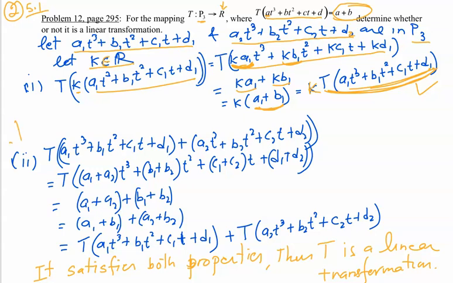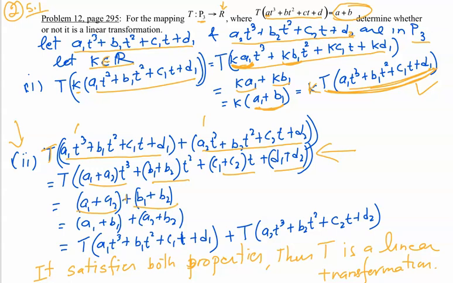All right, the second condition is I have two polynomials. I'm going to add these two polynomials and take the transformation. So I combine the cubic terms, the square terms, the t terms, and then the constant. But the output of this whole thing is, again, the coefficient of the cube term plus the coefficient of the square term.